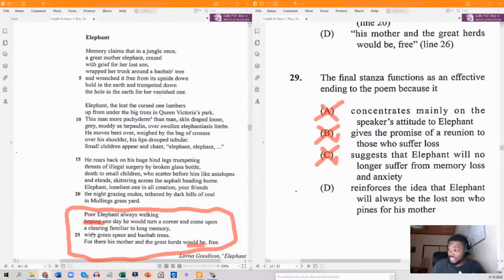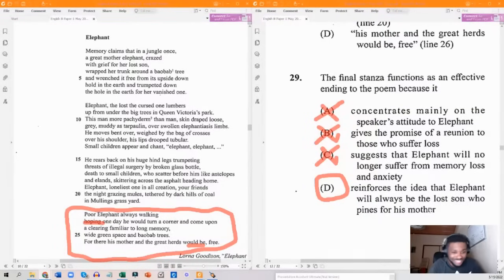No. Look at it. It says poor elephant. It's not as if the elephant is finally overcoming or finding his way back home. Poor elephant, always walking, hoping one day. So even at the end of the poem, he's still searching, he's still hoping and praying. What this is doing is saying this man will always be the lost son who pines for his mother.